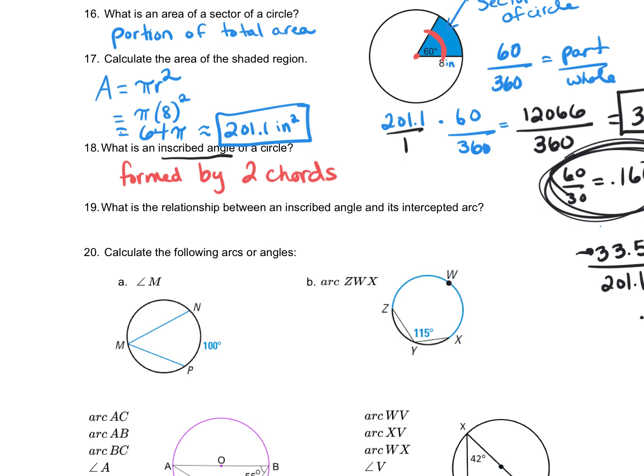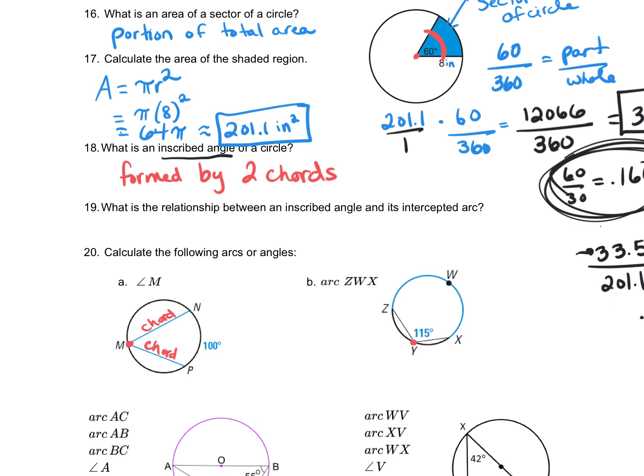And you'll notice that in question 20, those are inscribed angles, because each of these is a chord that does not go through the center, and the vertex is actually on the circle itself. So an inscribed angle is formed by two chords.